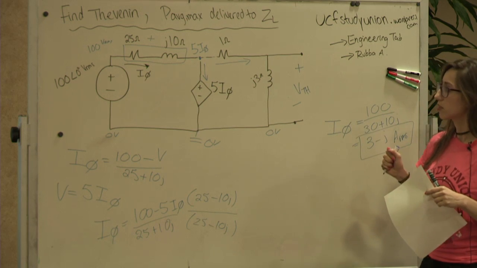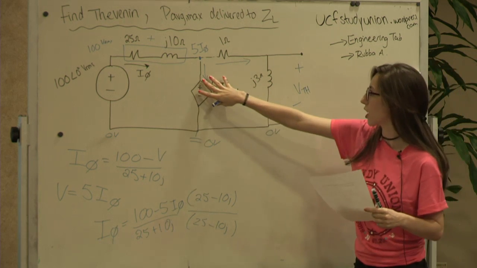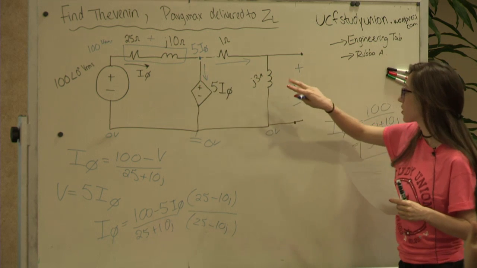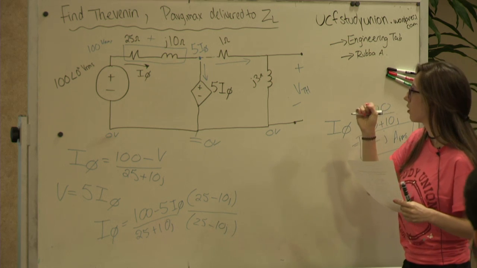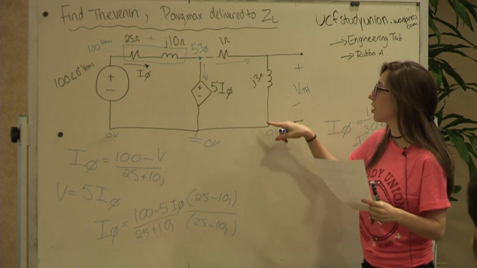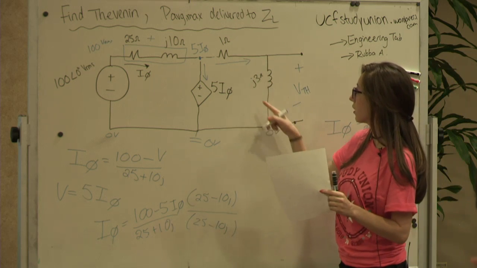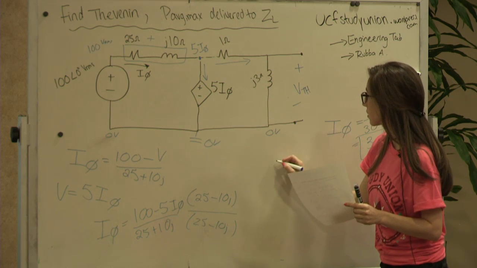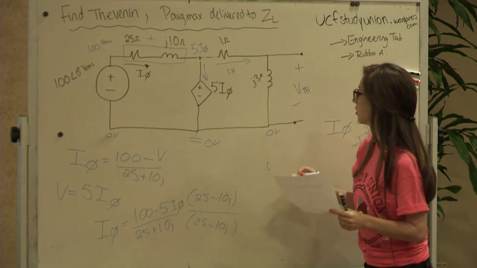How does that help us? We know this voltage now, and we still need to know V Thevenin. So we could do another Ohm's law current. So this current right here, I'll call it Ix.